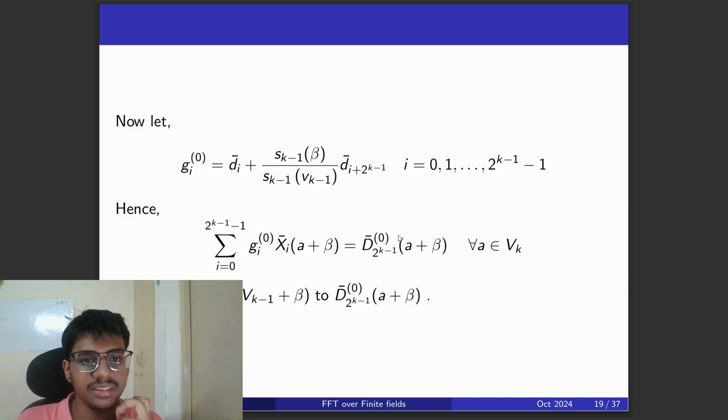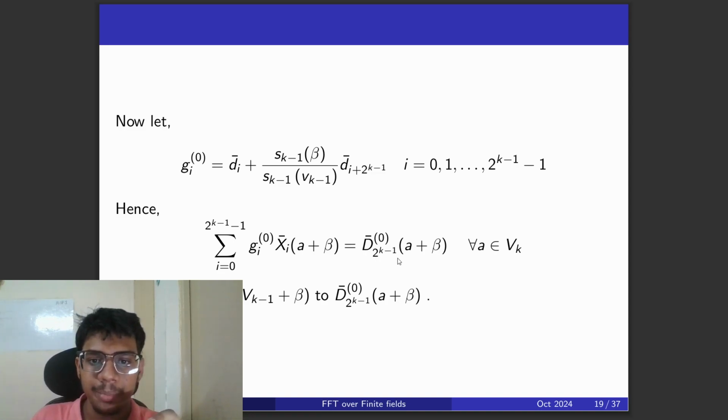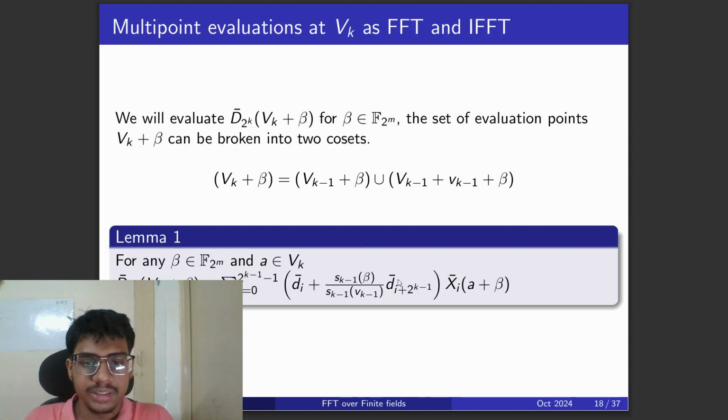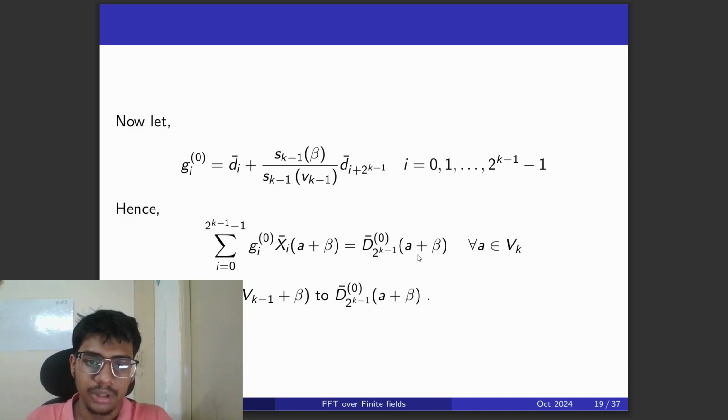By this algebraic manipulation, we just substitute gi 0 here, and we get d of power to the 2k minus 1. I just want to point out here that we have gone from dimension 2 to the power of k to dimension 2 to the power of k minus 1. So we have reduced our dimension by half.